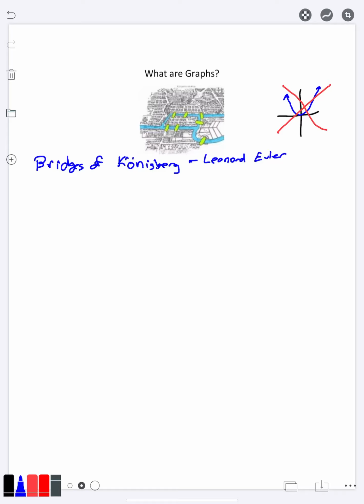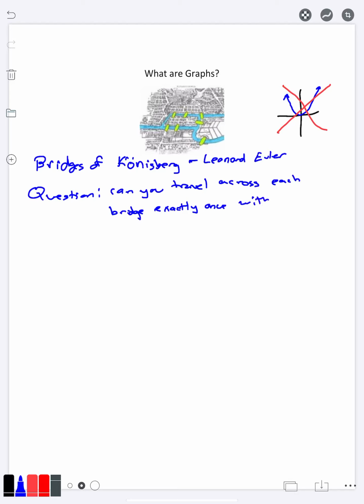And the question was always, at least to the people that would wander the city here, the question is: can you travel across each bridge exactly once without recrossing any?